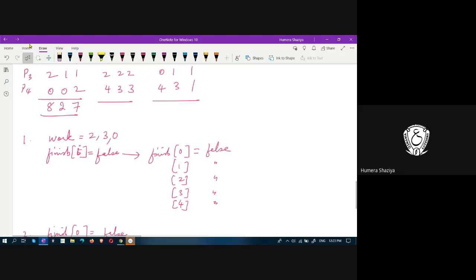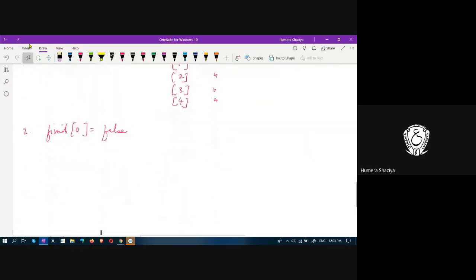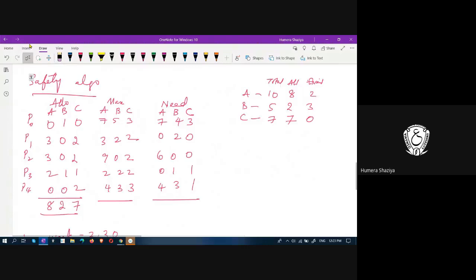What is the need of P0? Here you see, it is 7, 4, 3. Need of process 0 is 7. Is it 4 or 5? 4.